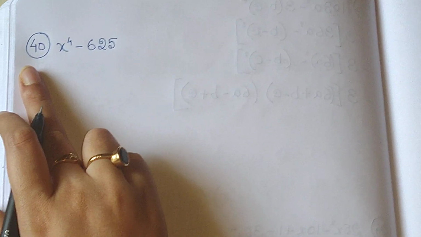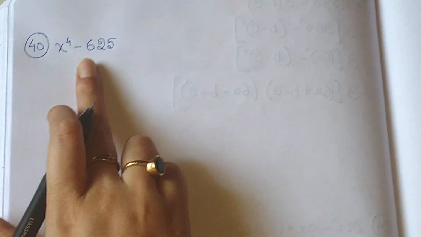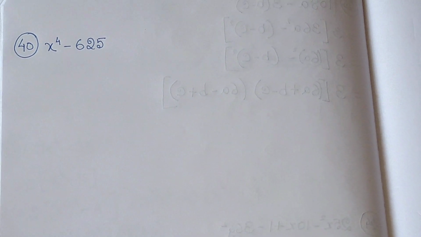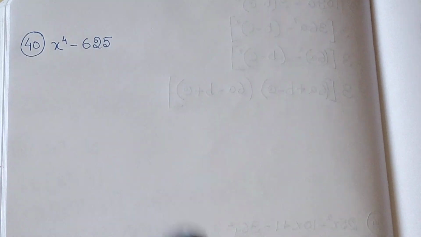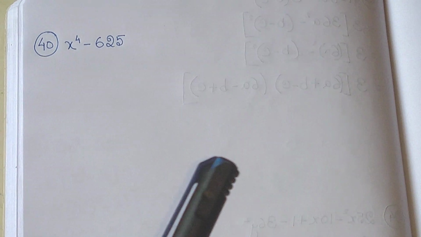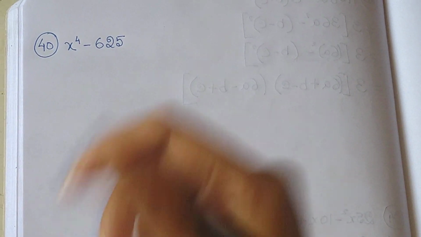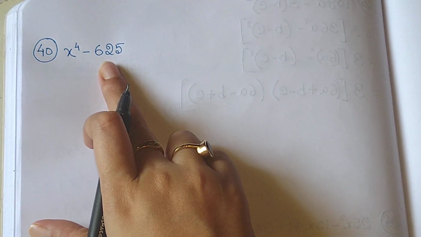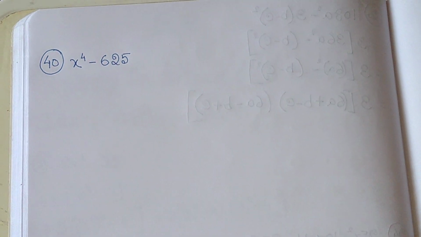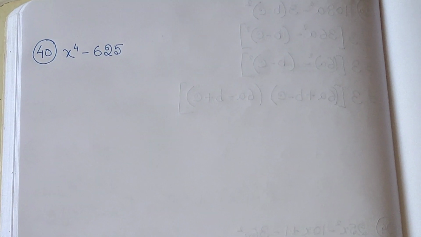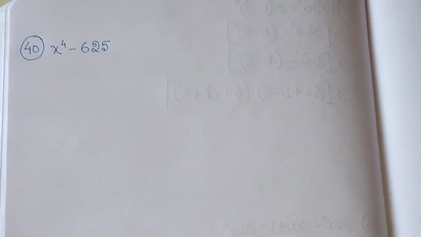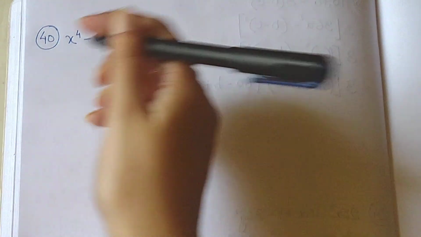Now we are going to solve the last sum, that is 40. x to the power 4 minus 625. The more you practice the sums, you will understand that this is a square number, because 25 square gives you 625. So the more you practice, you will be able to remember the square terms.